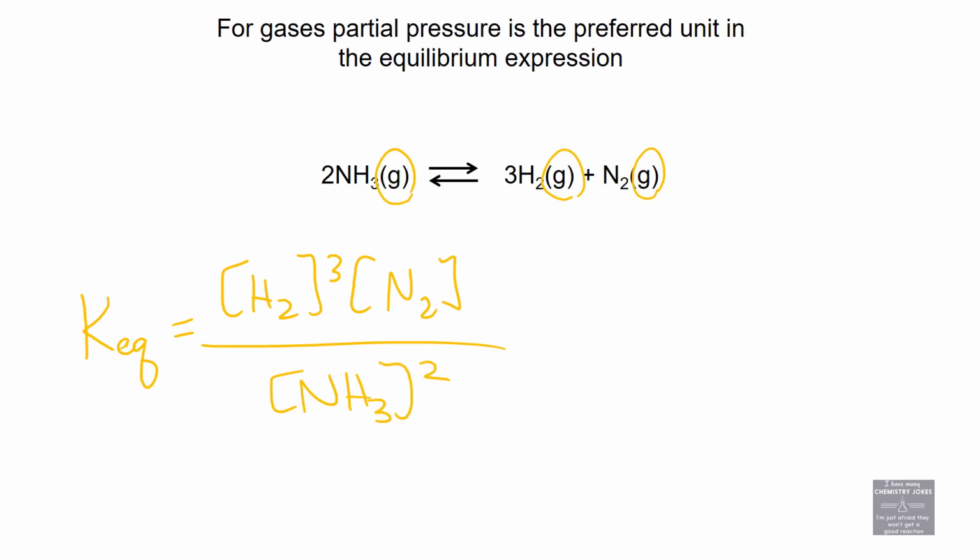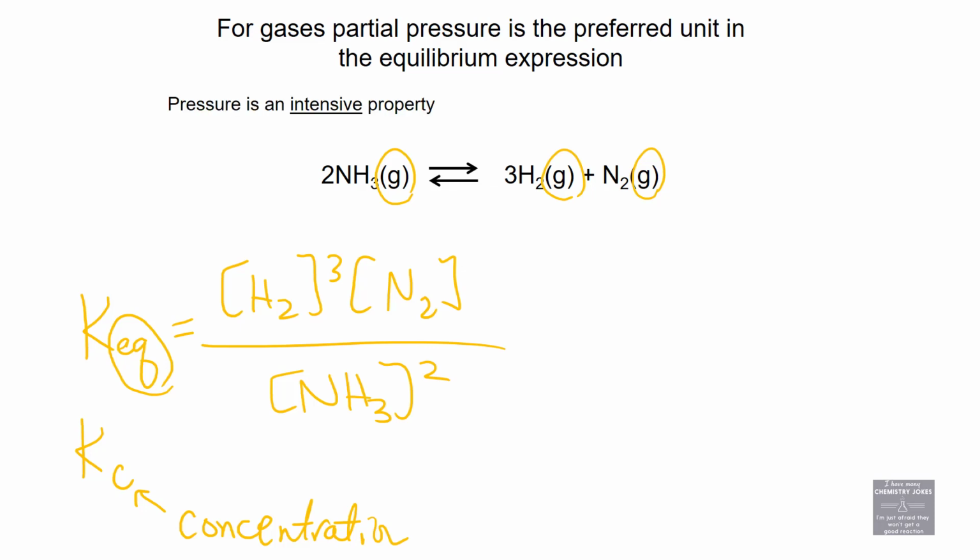That's the KEQ that we've been talking about, but that's often called the KC, where C stands for concentration. So concentrations are what I have plugged into the KEQ expression. Pressure is KP. What? Yep. KP is what we call it when we plug in partial pressure values instead of concentration values.